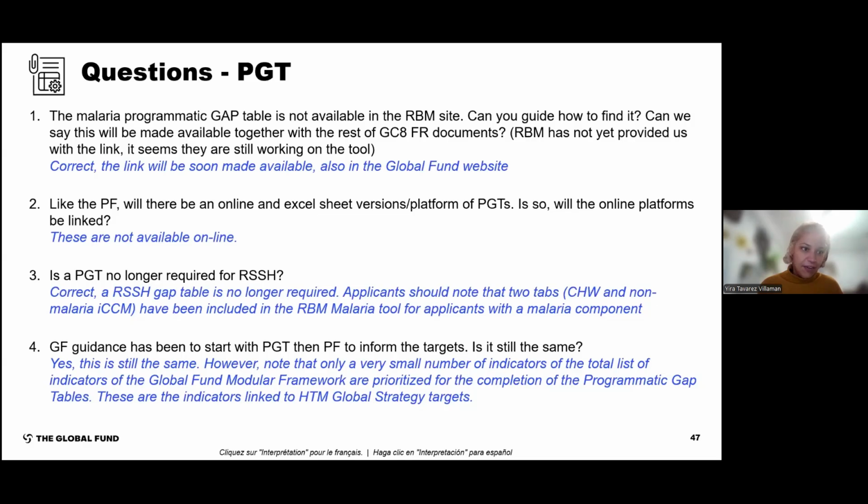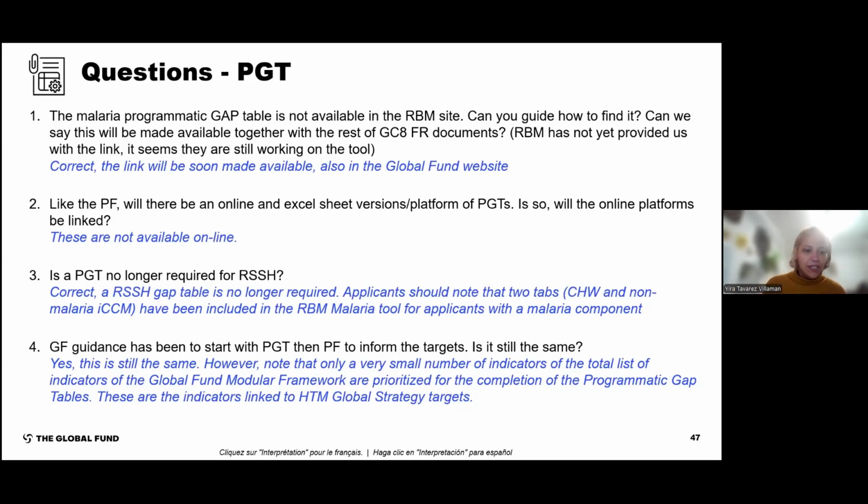So yes, it's a 35% contribution to programmatic targets for priority indicators. But the good news is that the applicant will not have to calculate it. The programmatic gap table in section C will do that for you and will highlight when this is higher than 35%, so that you can always remember that this is a module where we would like more detailed information in the disease funding landscape table.